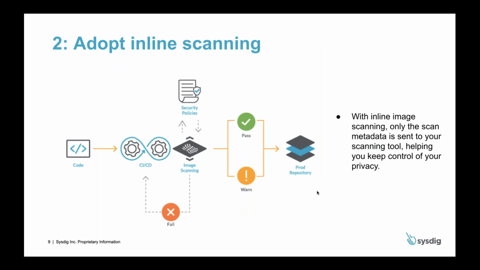Thanks, Pavan. So one of the other key things when integrating scanning within your pipeline is to do it inline. What we mean here is having the ability to scan the image locally on the Jenkins node, or whatever you're using as your CI/CD tool of choice, before it's pushed to the registry. Typically, a lot of scanning happens in the registry, but if you're able to integrate it inline directly on the build system, it allows you to have that registry be much cleaner because you're only pushing what has passed.